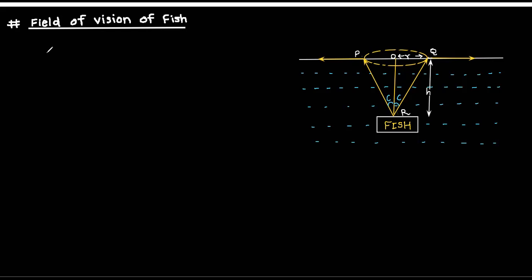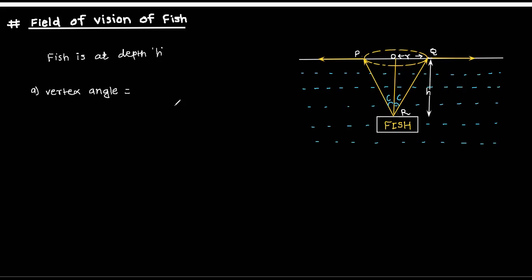Now, fish is at depth H. Okay. So, in this case, if you want the vertex angle, number 1 point, vertex angle is equal to how much?